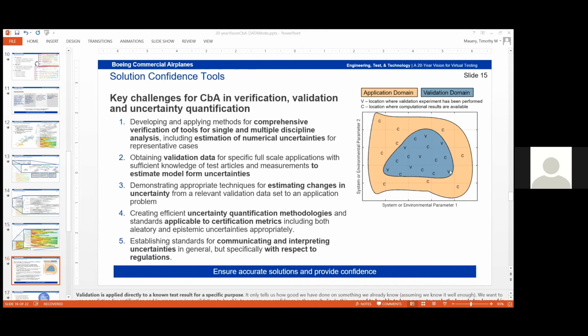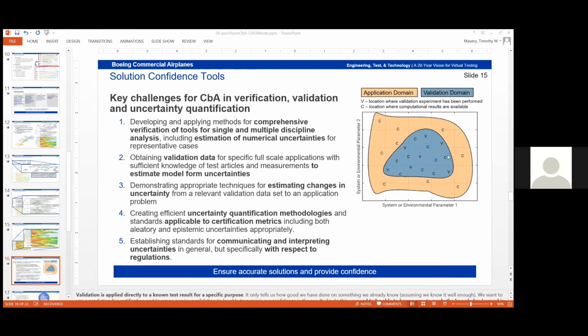And as Andrew mentioned a little bit before, there's a fair amount of complexity that goes into even just defining various terms and showing how they fit into this solution confidence environment.